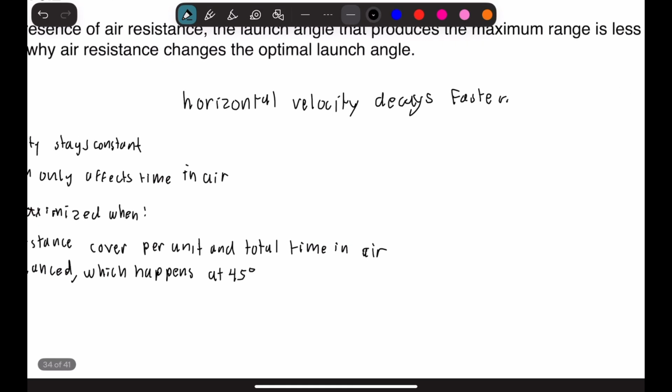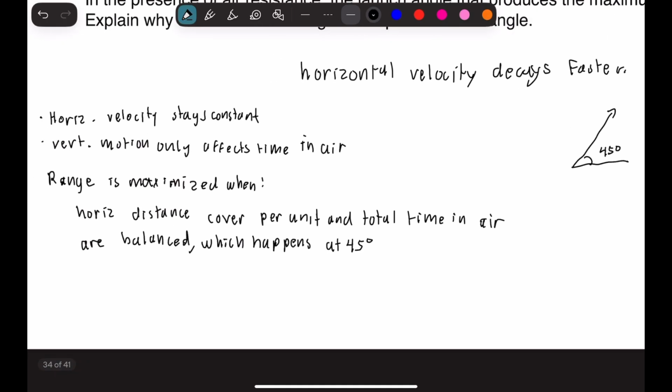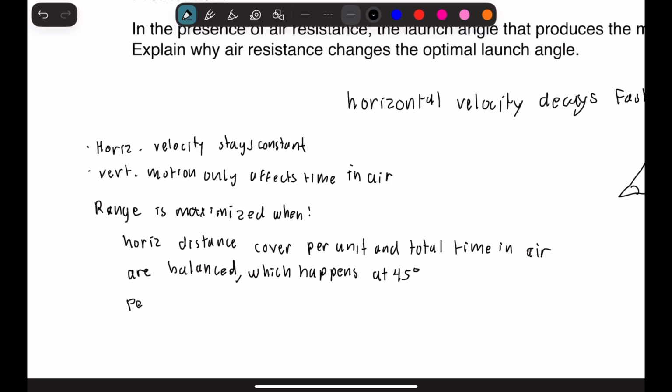So you can imagine you have this 45 degrees, and that's going to be perfect symmetry between the horizontal and the vertical motion.